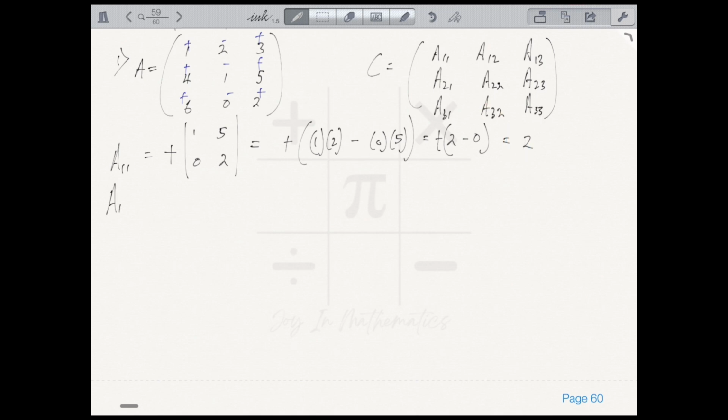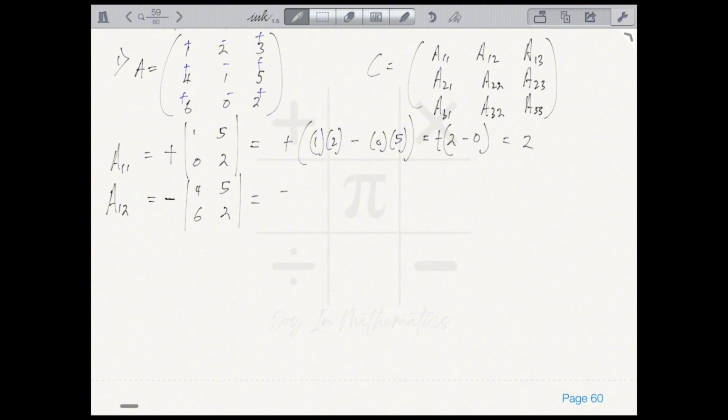Now we continue. A12 is the cofactor for element 2, so the place sign is negative. Then horizontally and vertically we are left with 4, 5, 6, 2.